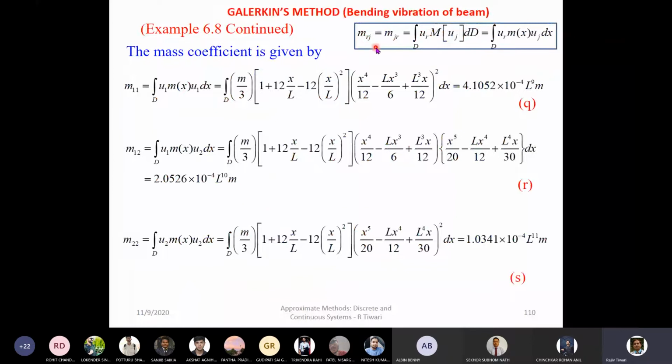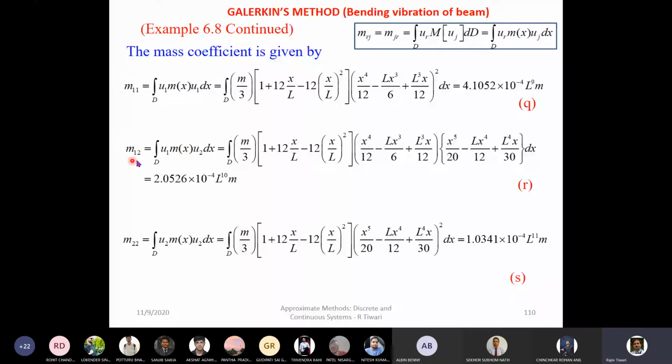So now the calculation of the coefficients. The mass coefficient M11 remains the same because the u1 function is the same, which is a fourth degree polynomial. There will not be any change. M12 will change because it is u1 m u2.